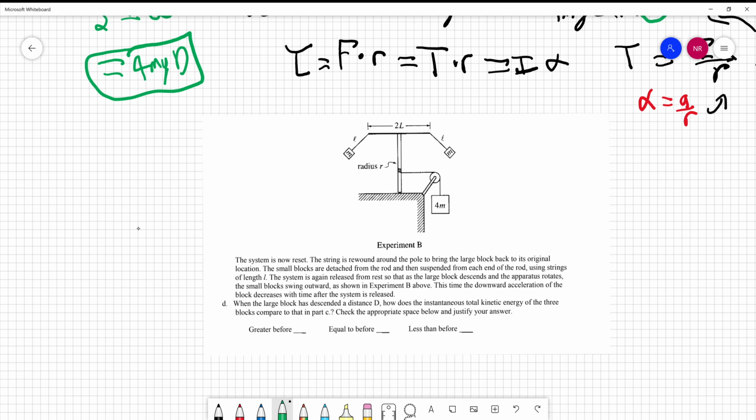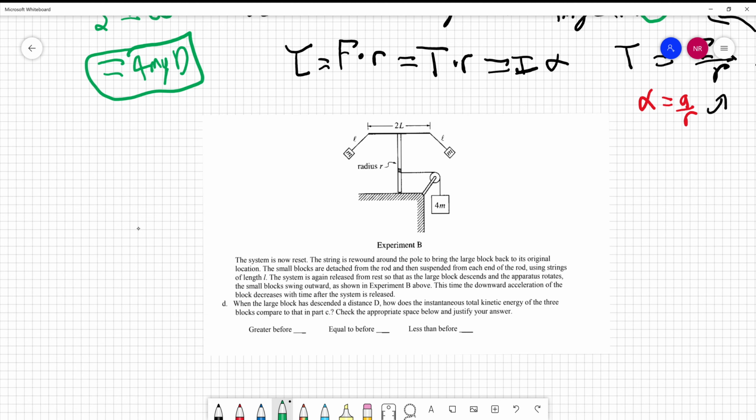So for the final part, we can just read it together. The system is now reset. The string is rewound around the pole to bring the large block back to its original location. The small blocks are detached from the rod and then suspended from each end of the rod using strings of length L. The system is again released from rest so that as the large block descends and the apparatus rotates, the small blocks swing outward, as shown in experiment B above.